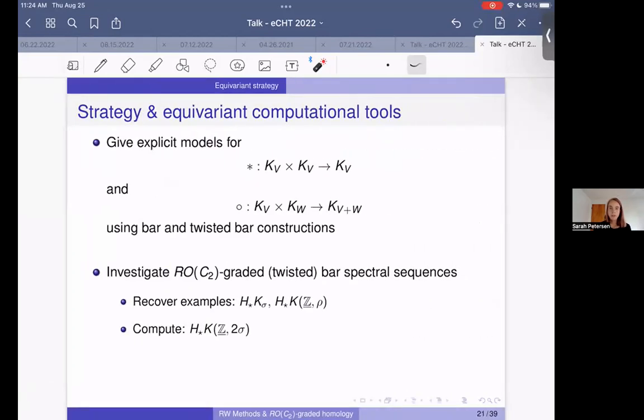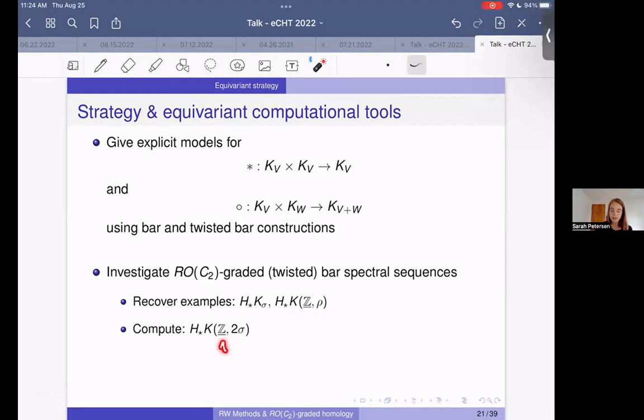So the general strategy here is to give explicit models for the star and circle product in this equivariant setting, and then investigate the RO(C2)-graded bar and twisted bar spectral sequences. And doing this, we recover computations of the homology of K_sigma and of K_Z rho. So this is a twisted version of CP infinity, and we are also able to compute K_Z2 sigma.